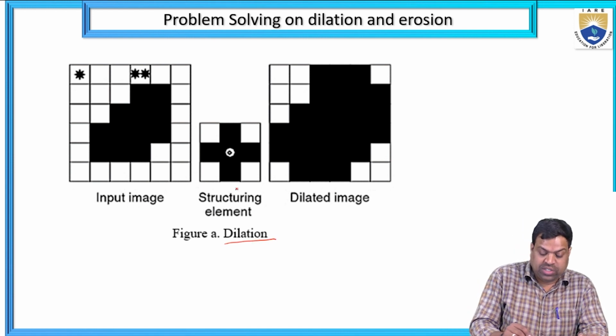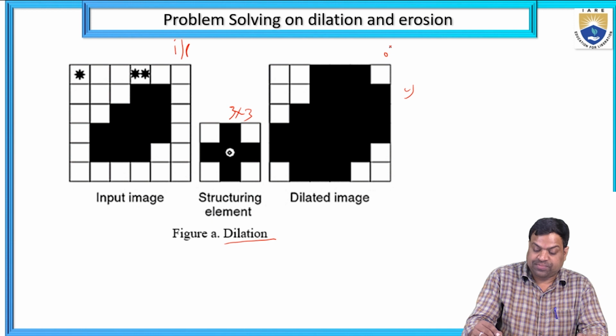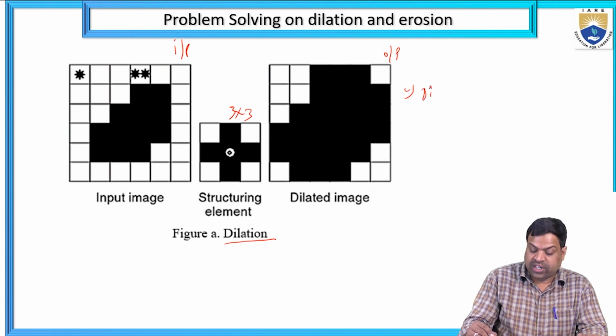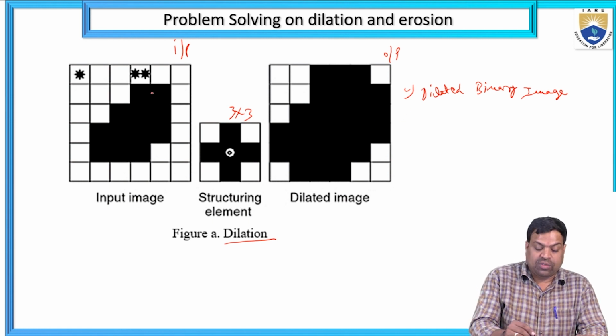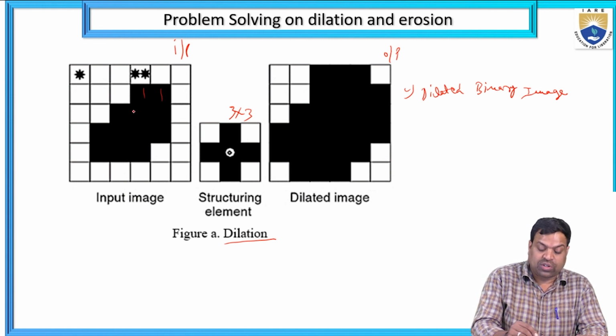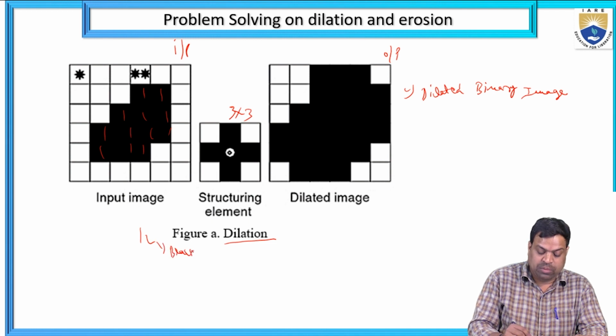Here I am taking one example of dilation. It is the input image and it is the structuring element with a 3 by 3 matrix. The input and the output, the dilated output. What happened here? Suppose 1, 2, 3, 4, 5, 6, 7, 8, 9, 10, 11, 12 cells are black, and the remaining are all white.